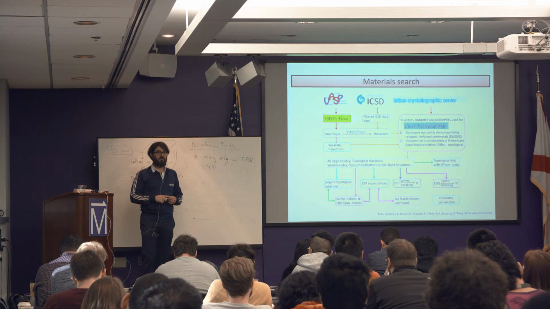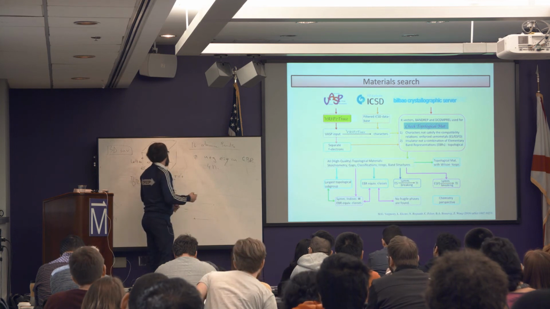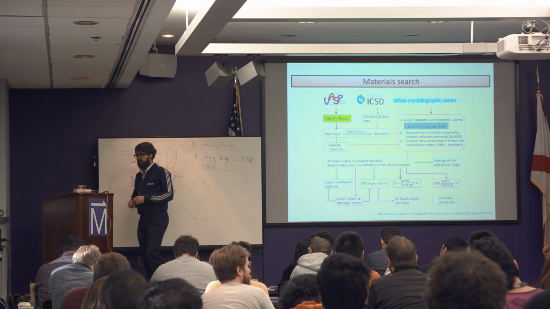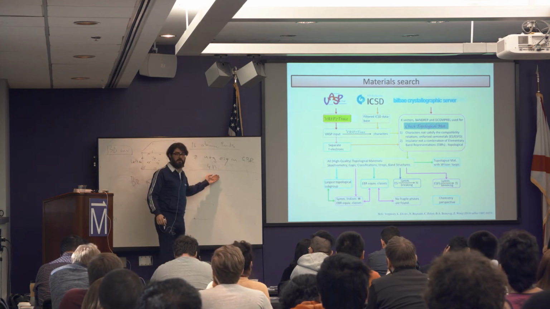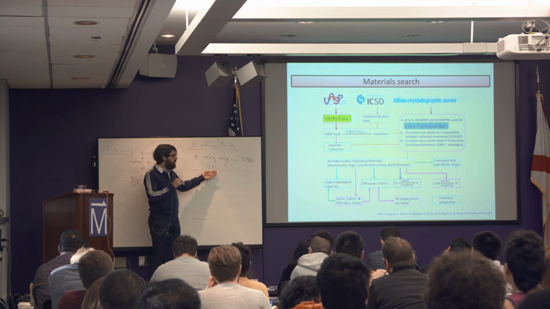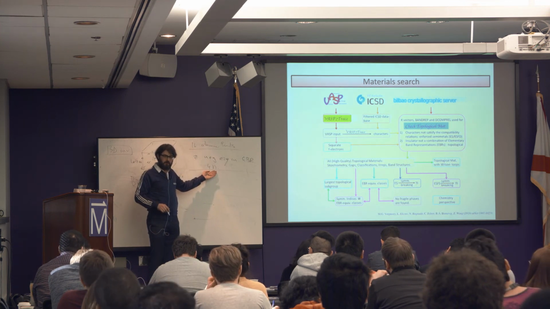Does it make sense? Okay, so now you ask, what are the topological states? Topological states are all the bands that don't have a multiple of 4 eigenvalues.